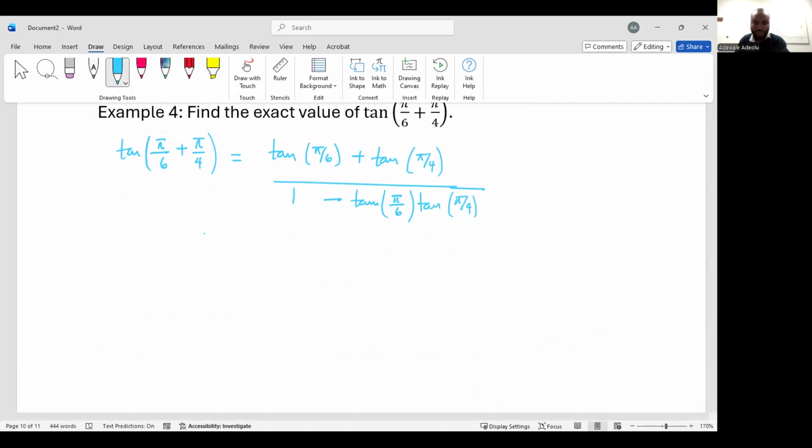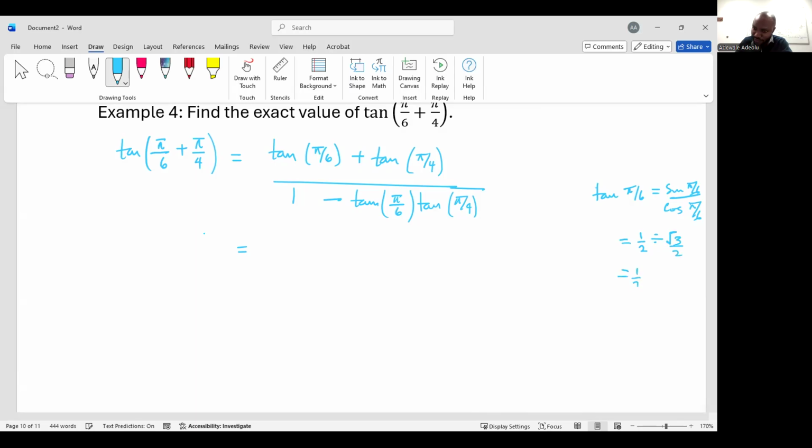Now we have, what is tangent of pi over 6? So remember, tangent of pi over 6 is sine of pi over 6 divided by cosine of pi over 6. Sine of pi over 6 is 1/2 divided by cosine of pi over 6 is root 3 over 2.